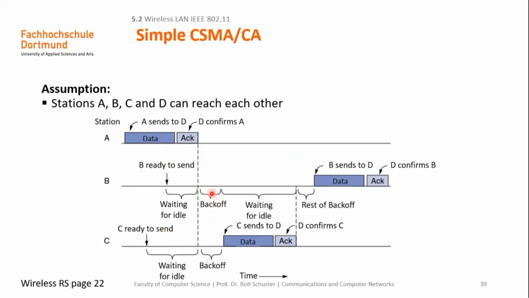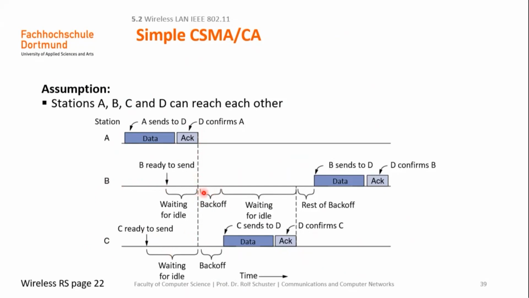The backoff time is randomly calculated, so it is different for B compared with C. When the channel is free, this is detected by B and C, but both wait not only the DIFS time, but also the backoff time.